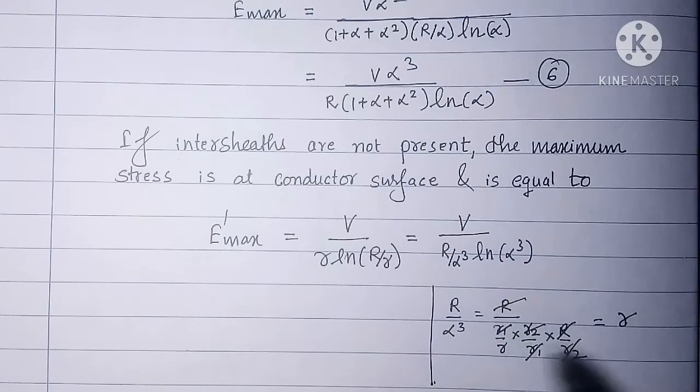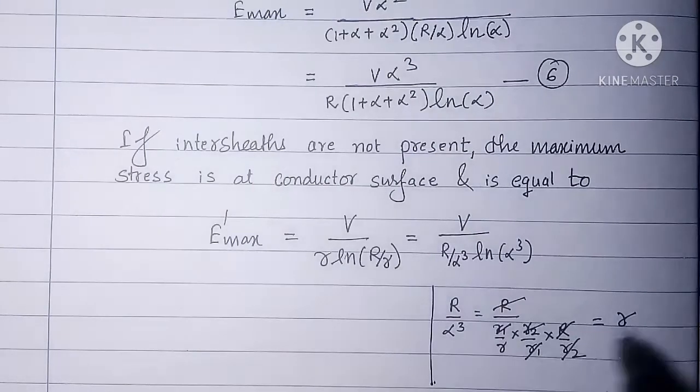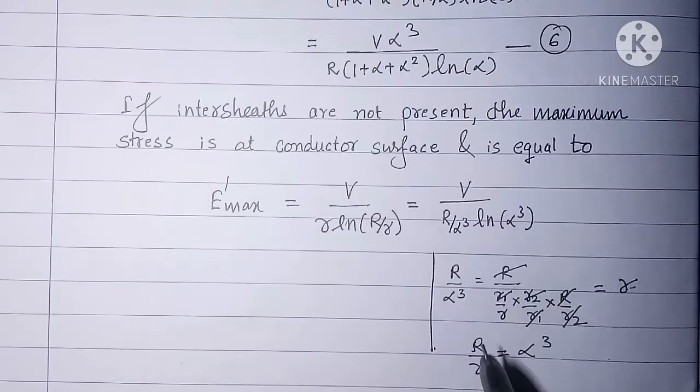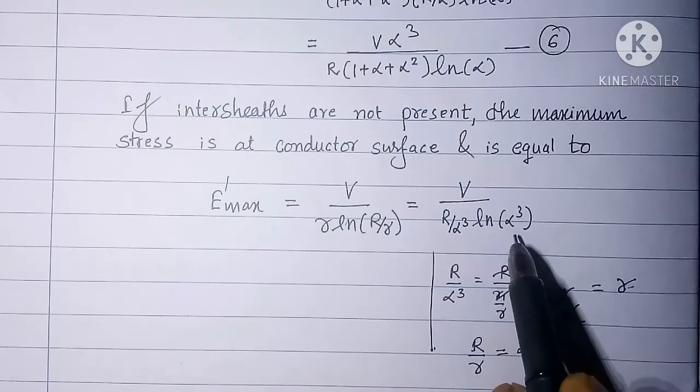If I take this R here and alpha cube here, I can write capital R by small r equal to alpha cube, and this alpha cube in place of capital R by small r I have written here.